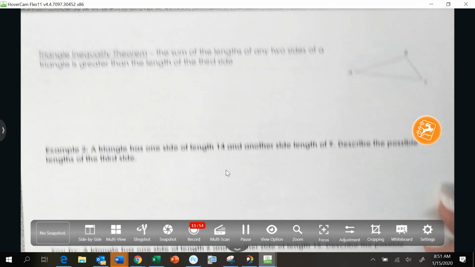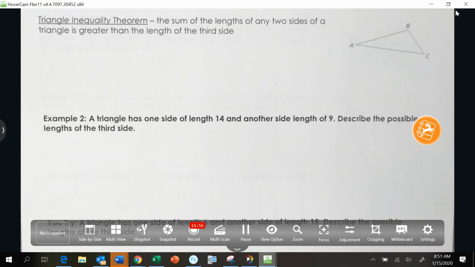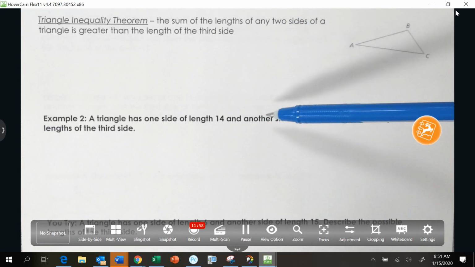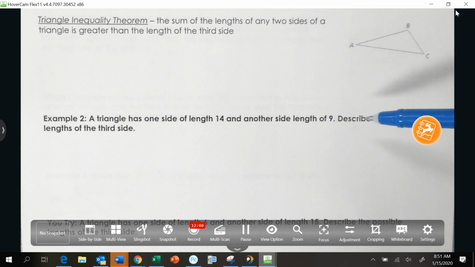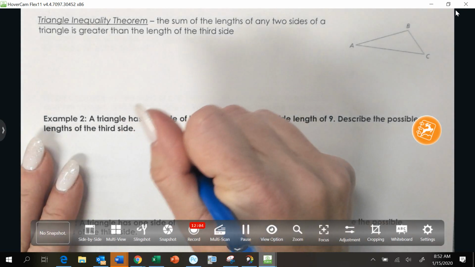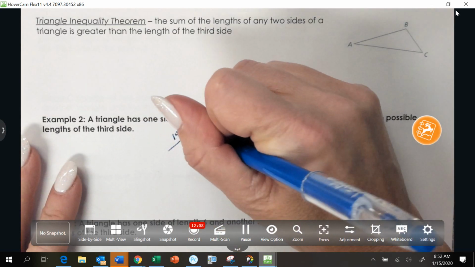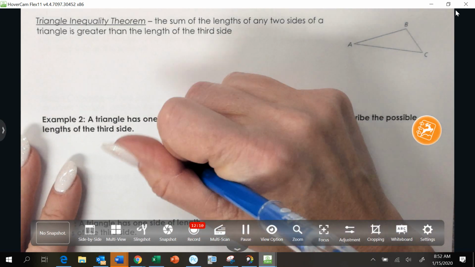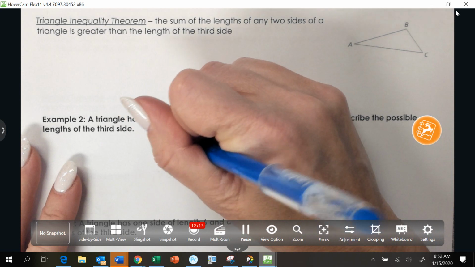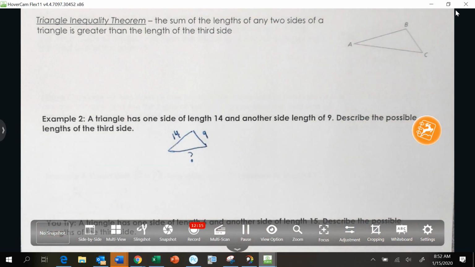So a triangle has one side of length 14 and another side of length 9. Describe the possible lengths of the third side. So we've got one side is 14, we've got one side is 9, and we need to figure out what are those possible lengths of the third side.